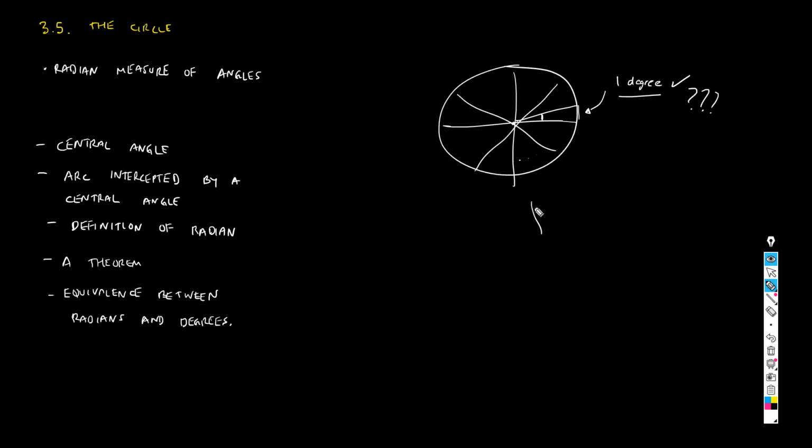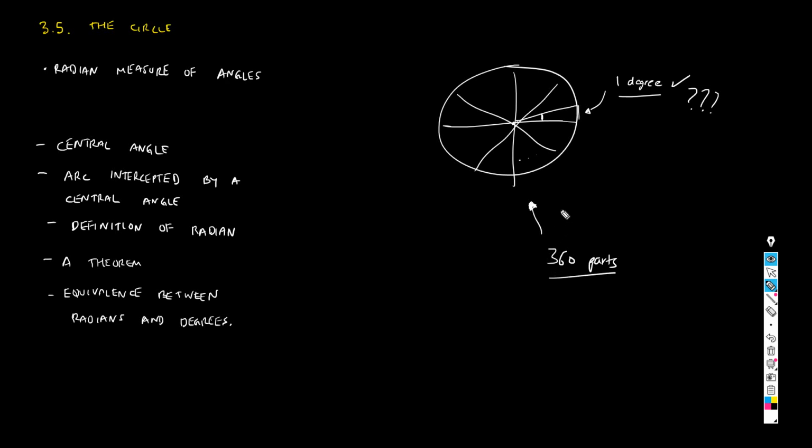You should appreciate that when people defined the degree, it looks kind of random to divide the circle into 360 parts.